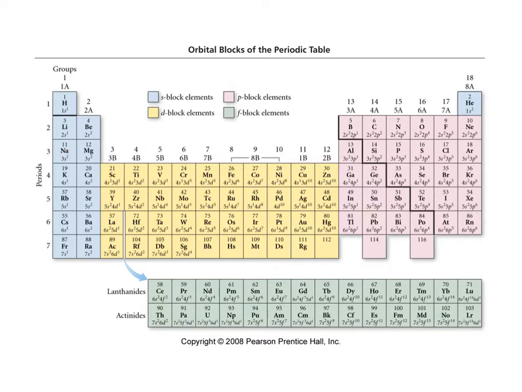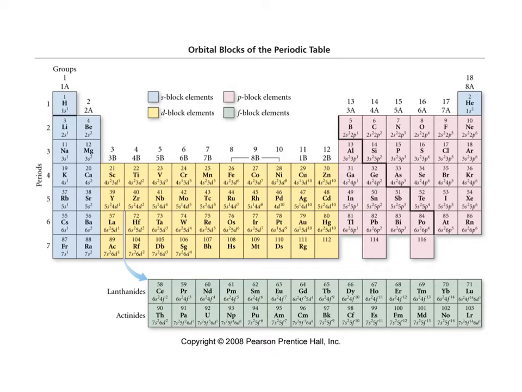For example, sodium. The last electron that fills for sodium, it's got 11 electrons, is going to be a 3. This is the s block right here, and it's in the first group. So it's going to be 3s1.